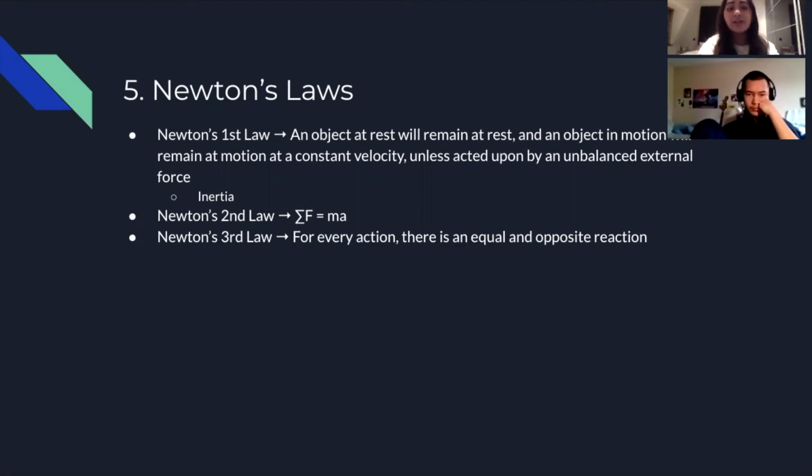Newton's second law is basically F net equals ma, which we often just call F equals ma. And Newton's third law is that for every action, there is an equal and opposite reaction. These words are said a lot, and basically what it means is that if you apply some sort of force on a book or a desk, the object is pushing back with the exact same force, but in the opposite direction.